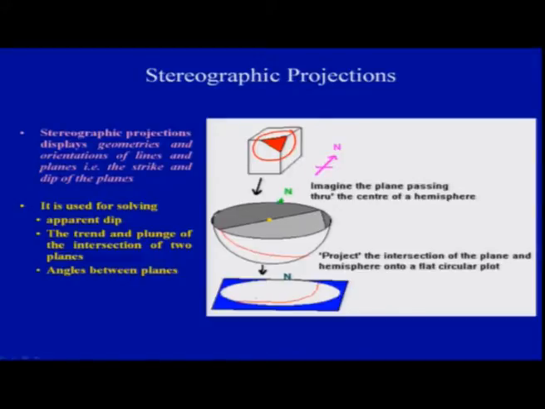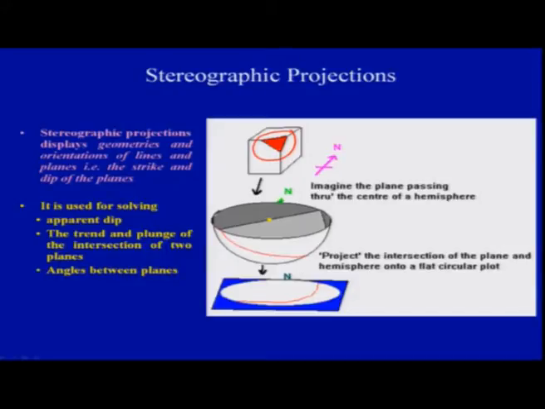That is what we call the stereographic projection. Imagine that the plane we see here is passing through the center of the hemisphere. Then it will be projected on the flat circular plot.